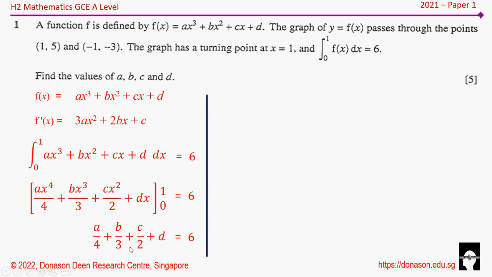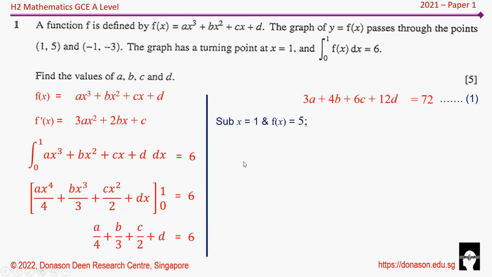So we have 4, 3 and 2 as the denominators. We could get rid of the denominators by taking the lowest common multiple of 4, 3 and 2, which is 12. So we will end up having 3a + 4b + 6c + 12d if I multiply every one of the terms by 12, and 6 times 12 is going to become 72. So there we have the first equation obtained from the integration.